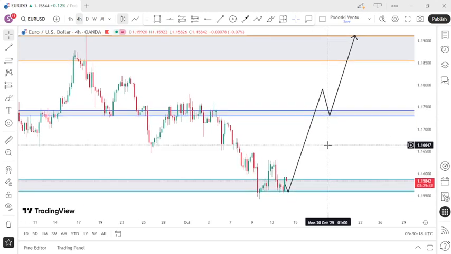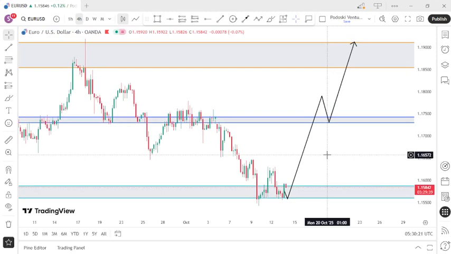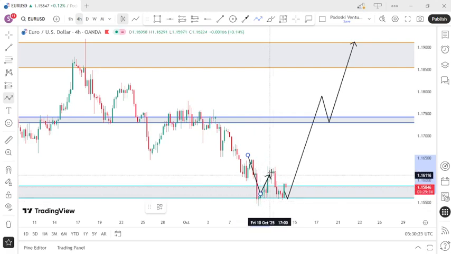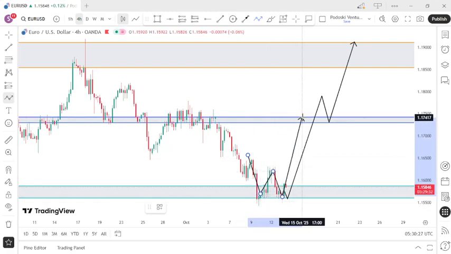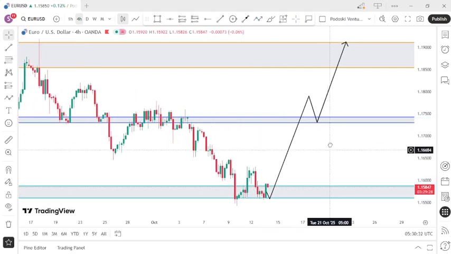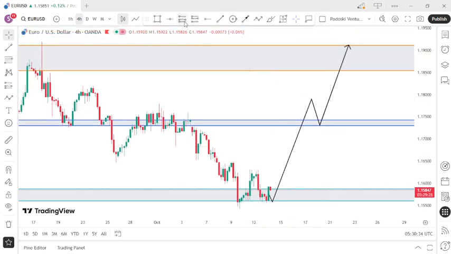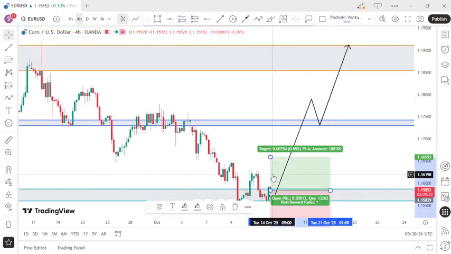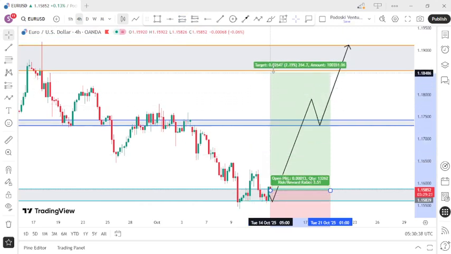Since we have a bullish engulfing as our candle confirmation, and we have a double bottom pattern, that tells us that price will definitely go to the upside. So let's buy Euro USD now.